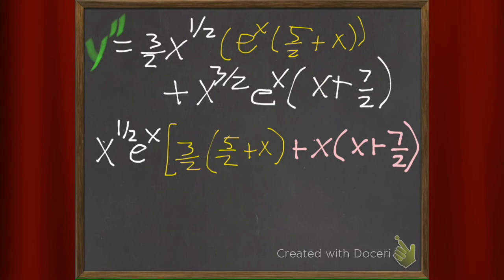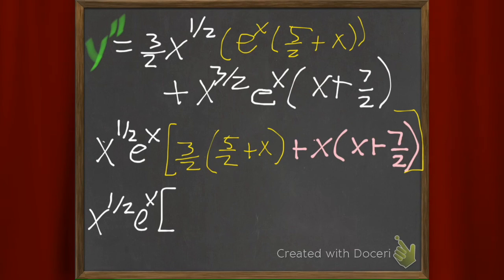Now this example is getting way long, but that's okay. Let's clean this up, because we're looking for y prime, fully factored form. That's x to the 1/2 e to the x times, all right, that looks like 15/4.